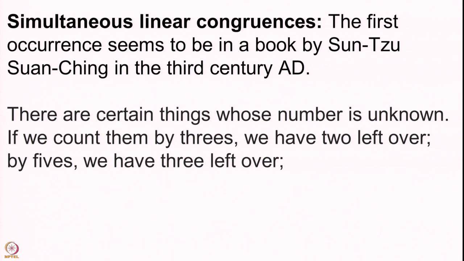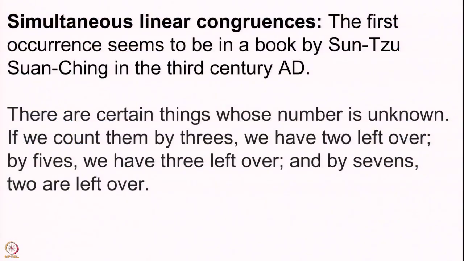If you group them by 5, then there are 3 left over. So, that means n, when partitioned in the groups of 5s, has 3 things left over, which means that n is a multiple of 5 plus 3, or n is congruent to 3 modulo 5. And when you do it by 7s, then 2 are left over.